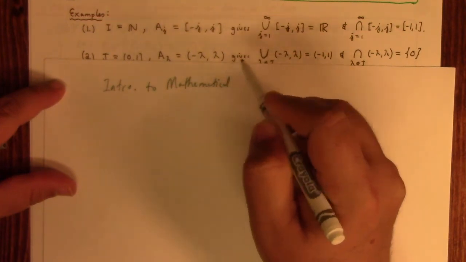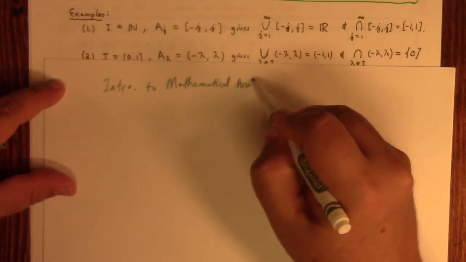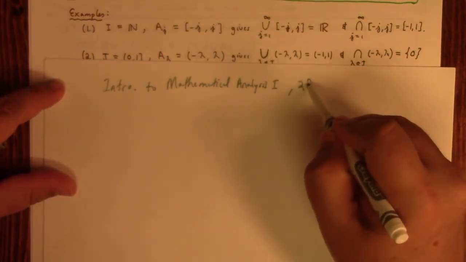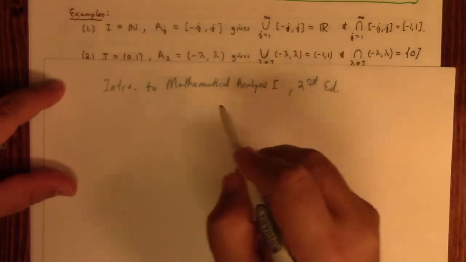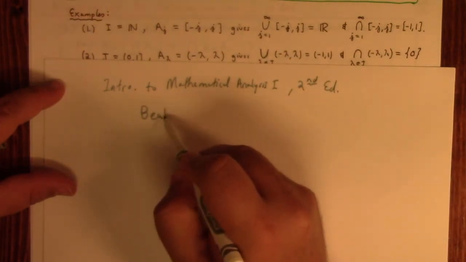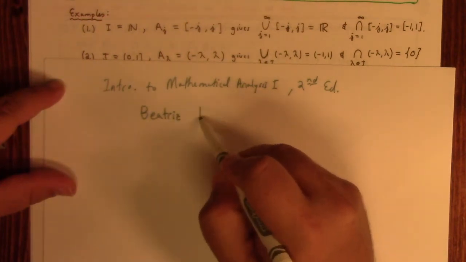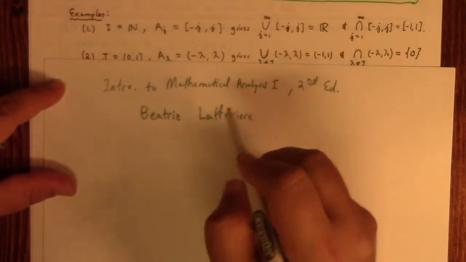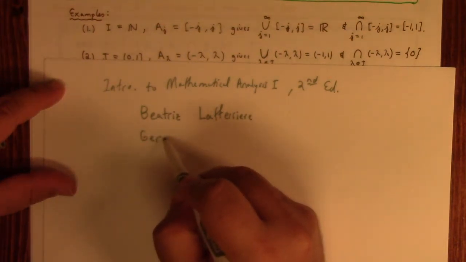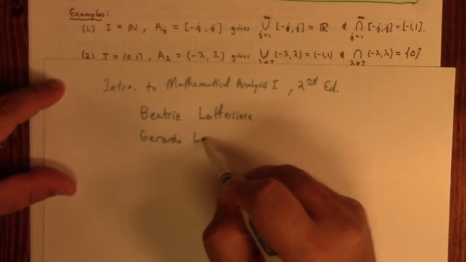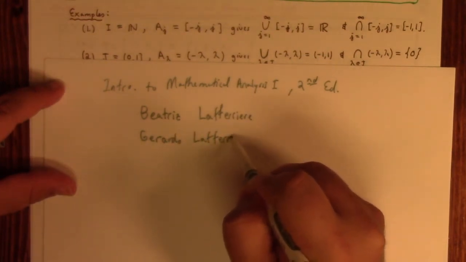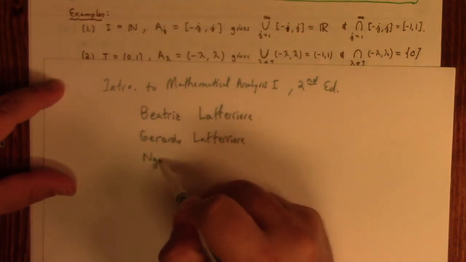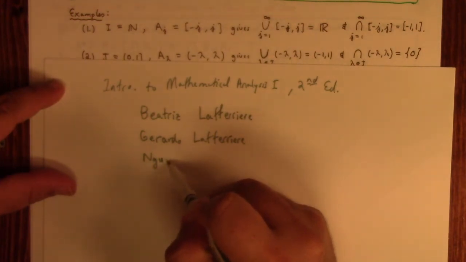So I suppose I probably should have said this earlier in this lecture, but oh well. 2nd edition by Beatrice Lafferriere and Gerardo Lafferriere, same last name, and Wynn Nguyen.